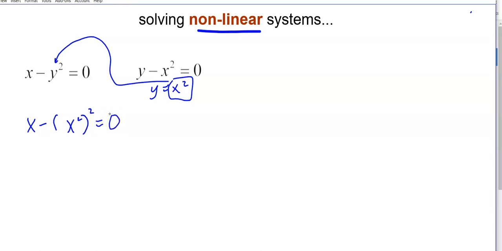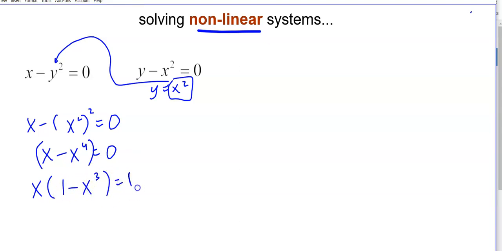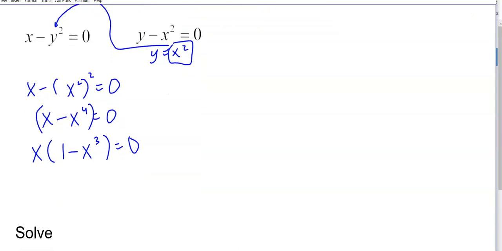squared, equals 0. Wow. Okay, so this is a kind of interesting one. So I get x minus x to the 4th equals 0. I'm going to try to factor that. It might actually factor. So let's try this. We get x times 1 minus x to the 3rd. And actually, that factors.